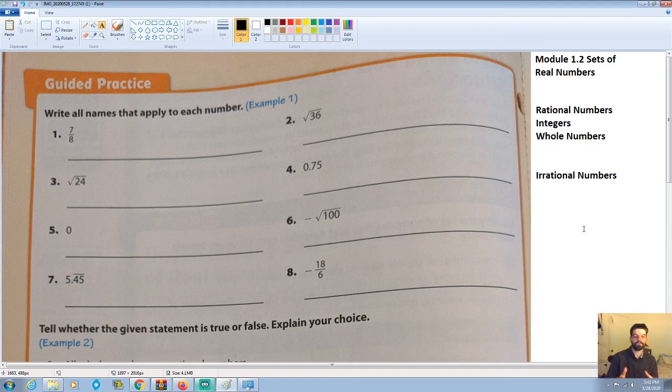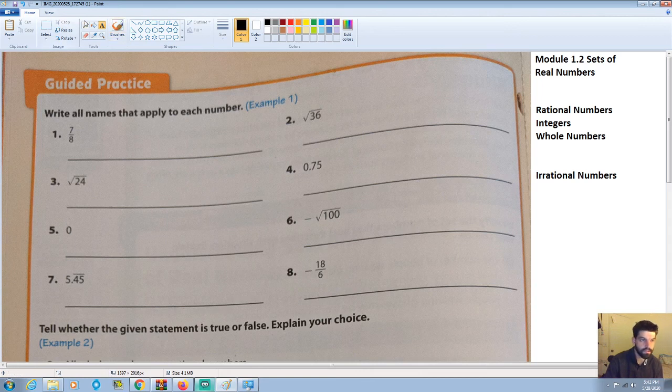Remember, irrational numbers are numbers that cannot be expressed as a ratio or fraction of two integers. They do not terminate, and they don't show a repeating decimal pattern. Okay, big examples of irrational numbers are pi, your mathematical constant 3.14159, on and on and on. And exponential e as another example.